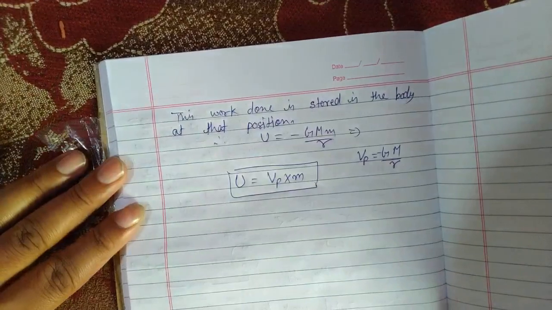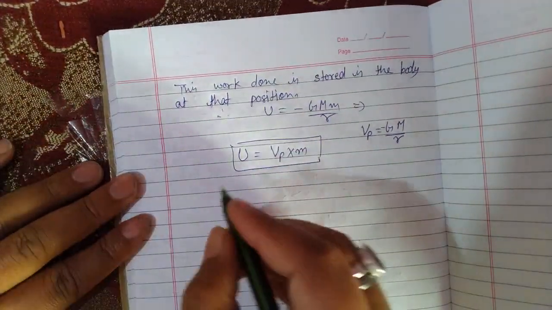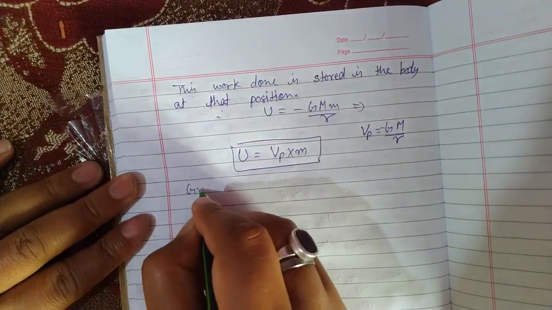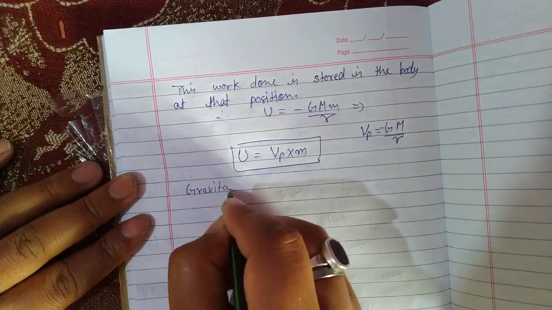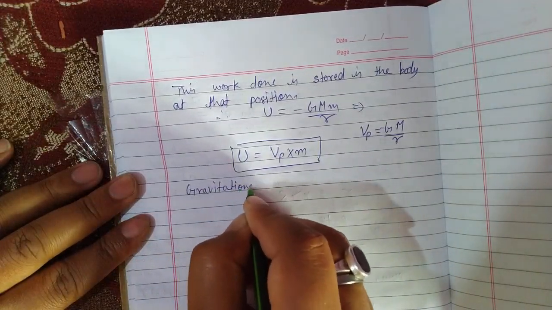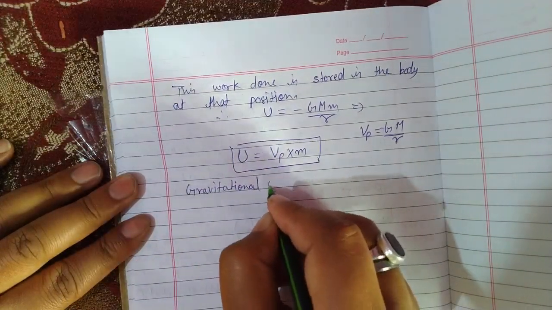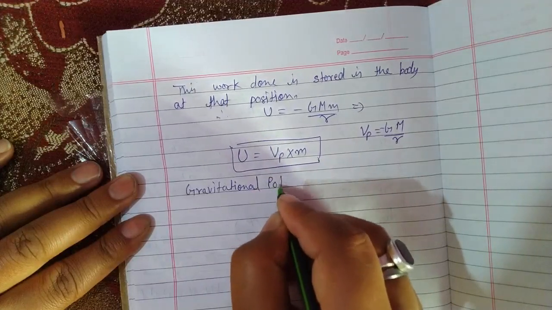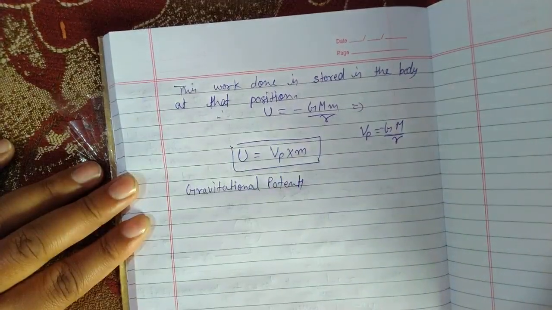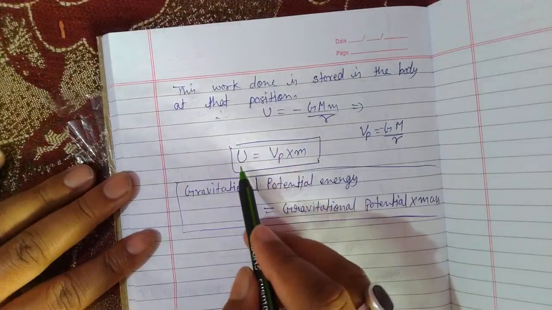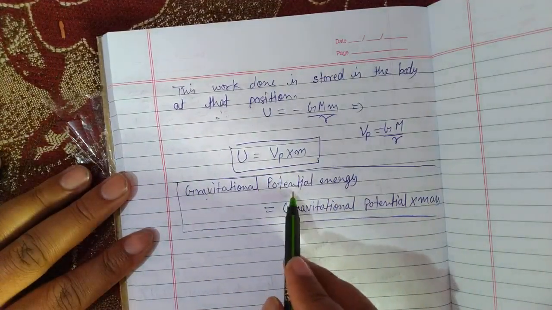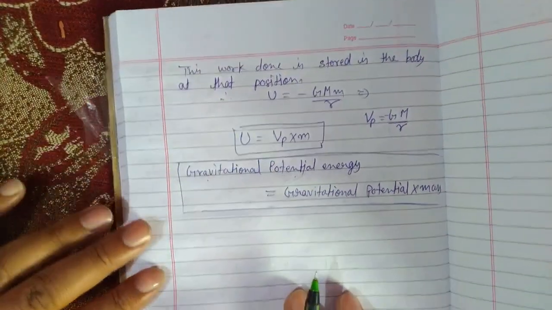Okay, that is gravitational potential energy. So gravitational potential energy is equal to gravitational potential into mass.